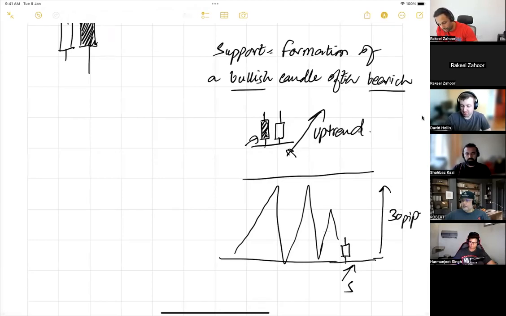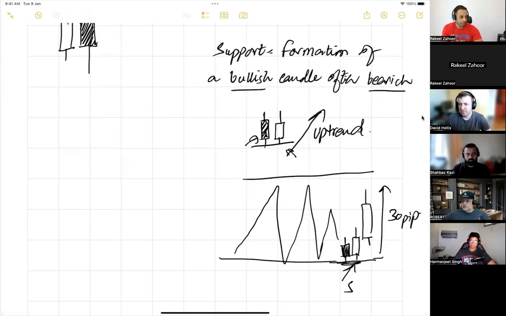We had a bearish candle, and then a bullish candle formed. If you have a 25, 30 pips plus range, then you can say, since we're bouncing off a support, at the bottom of a range, and there's volume in the market, there's a higher probability that the next candle can continue pushing up.